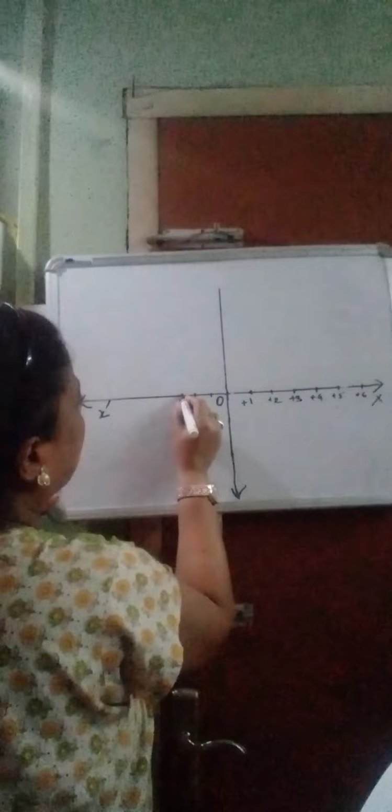If we divide the X-axis into some equal points, suppose this is 1, these are on the positive side: +1, +2, +3, +4, +5, +6, etc., up to infinity.